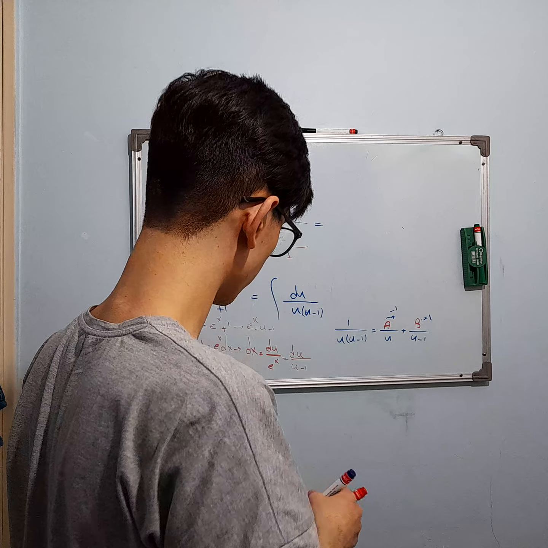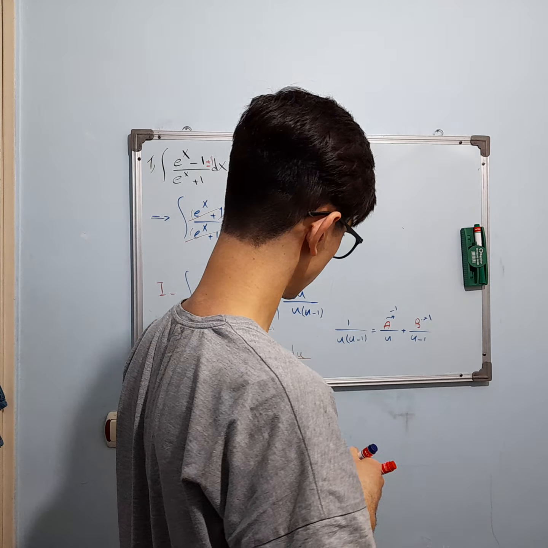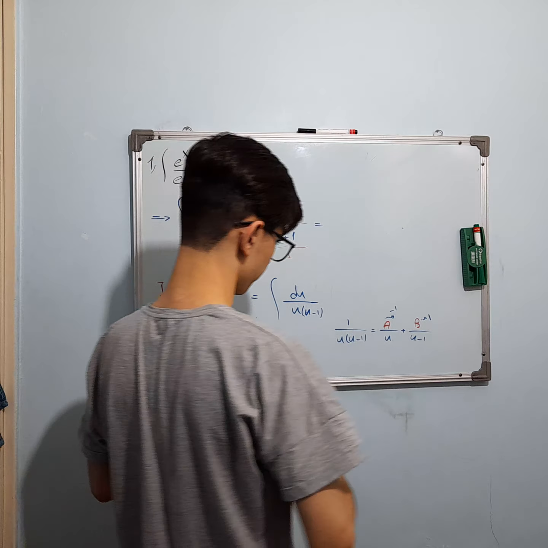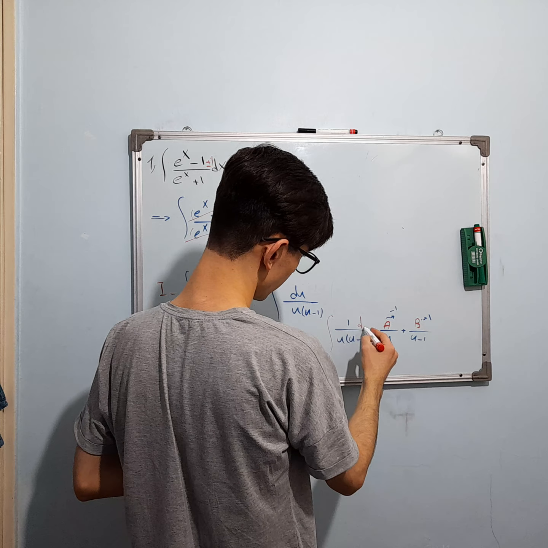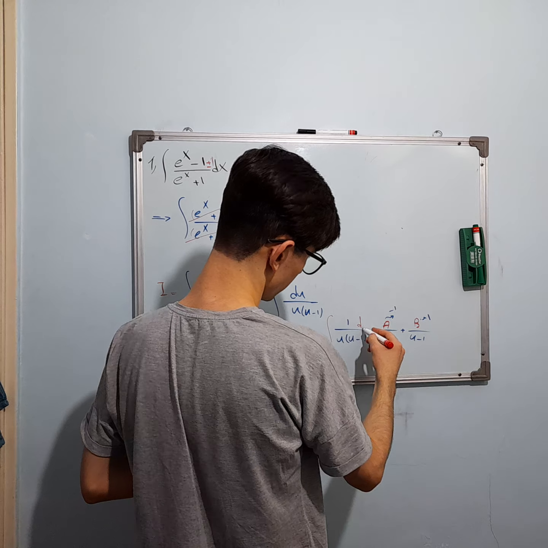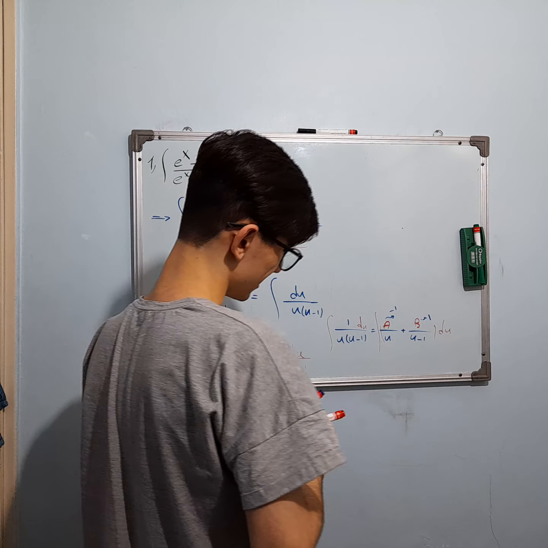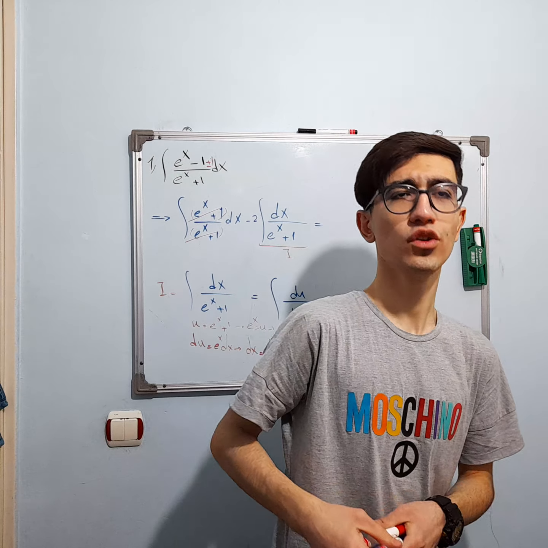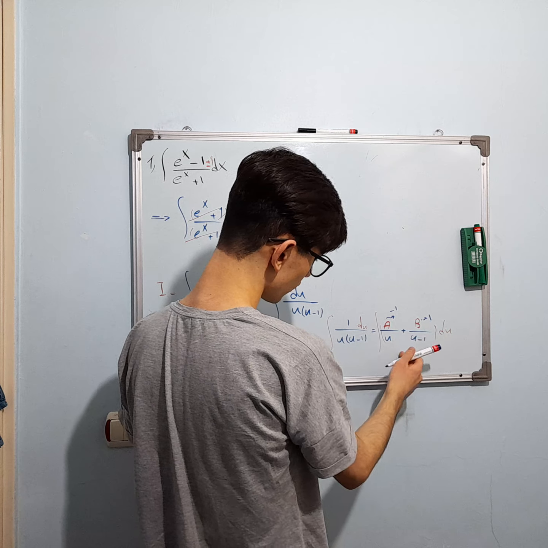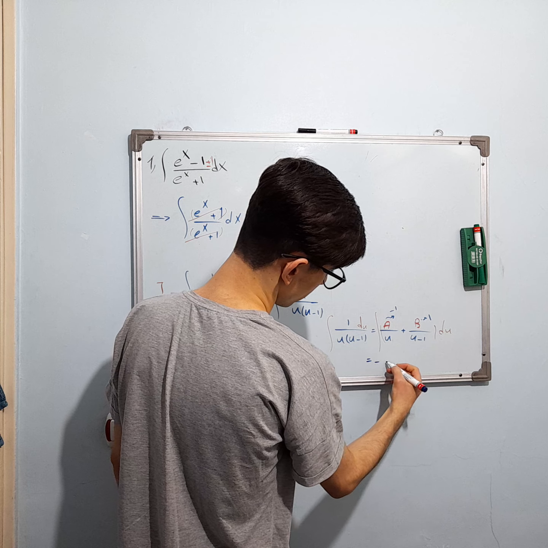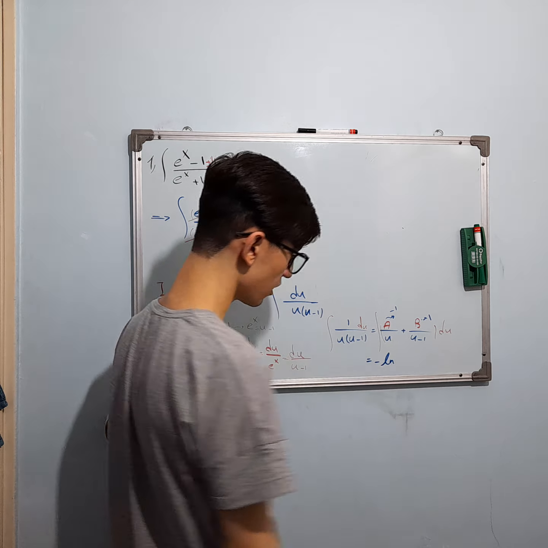Okay? So now we need to solve the integral of them. What is it? Write it here, and then du. You know that the integral of 1 over u is the natural logarithm of u, and here we have minus 1 over u, so it is negative natural logarithm of u.